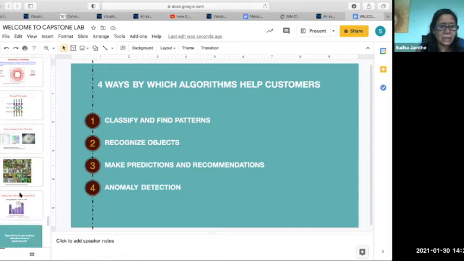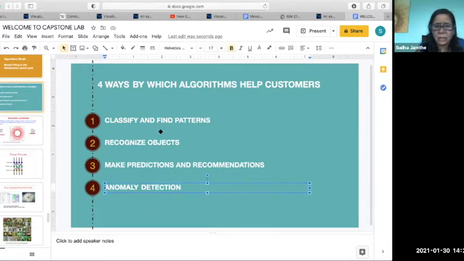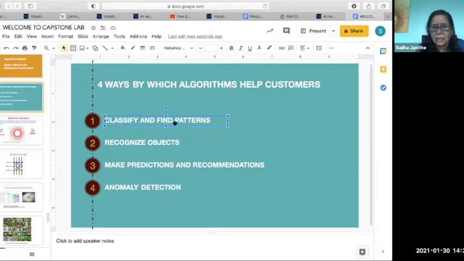The other thing that I am not covering here is the fourth one, which is anomaly detection. The typical algorithms by which you can mostly get work done are prediction, recommendation, or classification to understand customer behavior and things like that. That is grouping and classifying, done using classification.